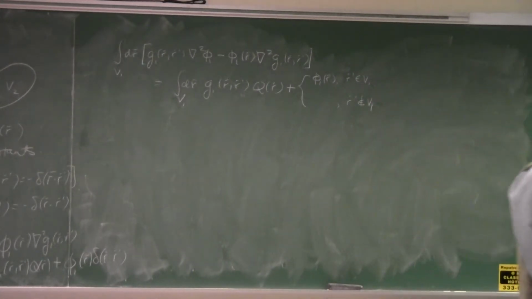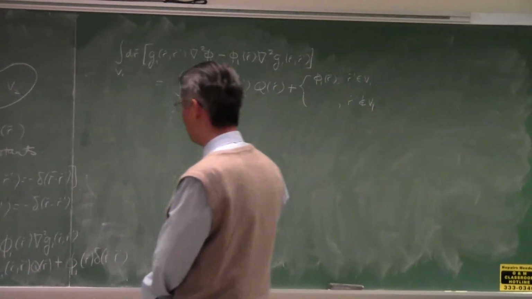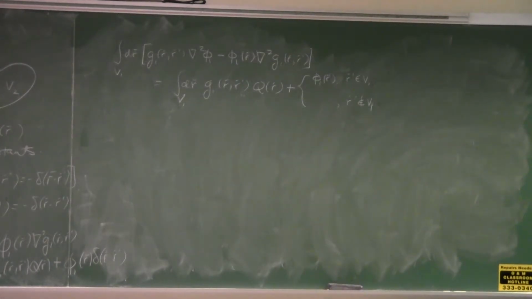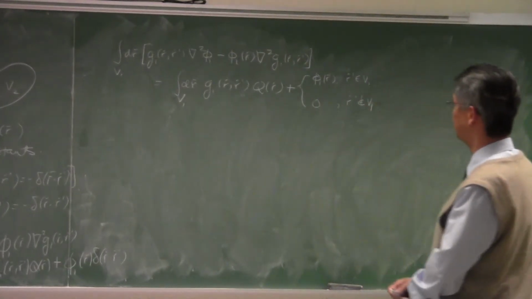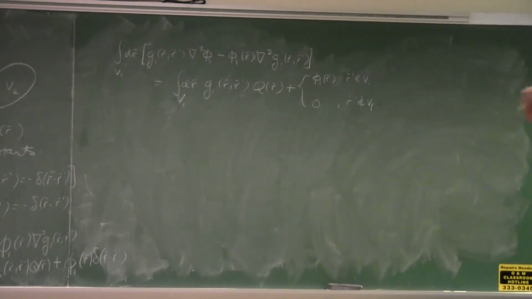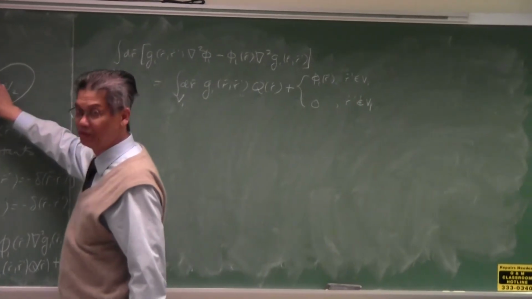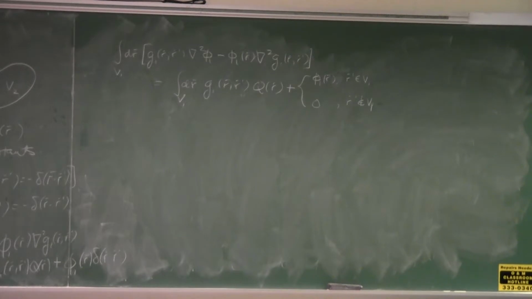The last term, if R' is the observation point of the Green's function, you can treat R' as the observation point. If R' is not in V1, what would you get? Zero. This is a very interesting thing. So it jumps from phi1 to 0, depending on whether you are in V1. If in V2, you see 0 for the last term. If you're over here, you see phi1.